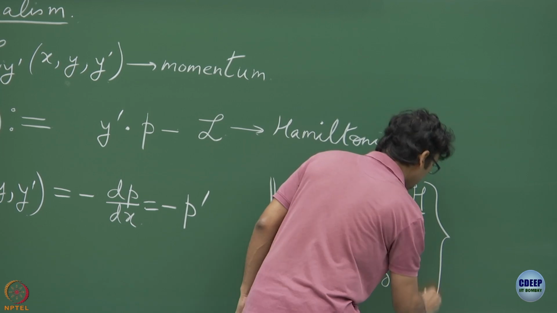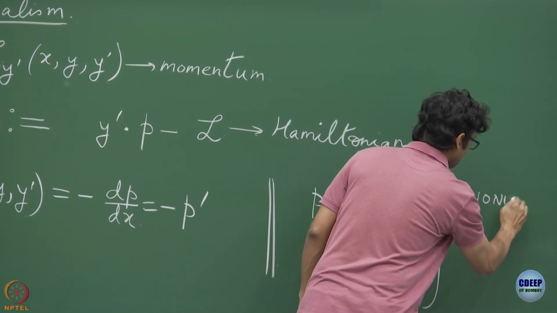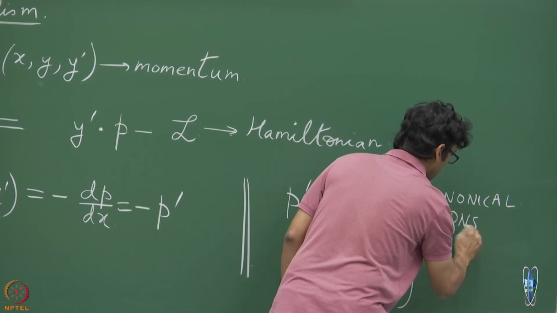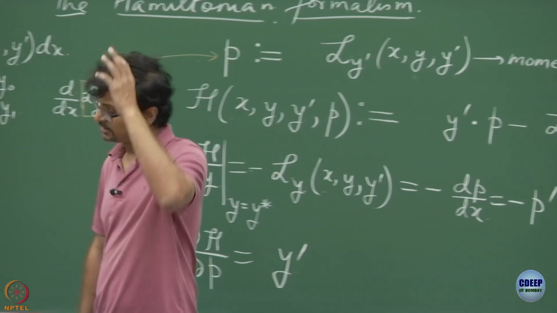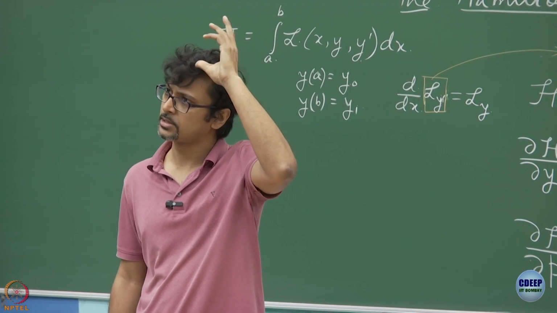Okay, and these two are called the canonical equations. Under the Hamiltonian formalism, these are the canonical equations of Hamilton, okay, satisfied by extremals.